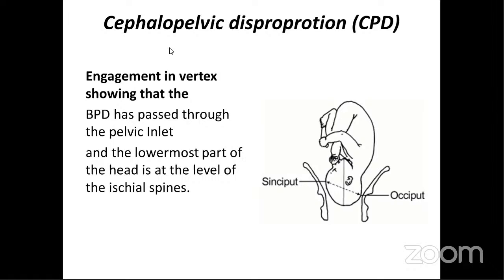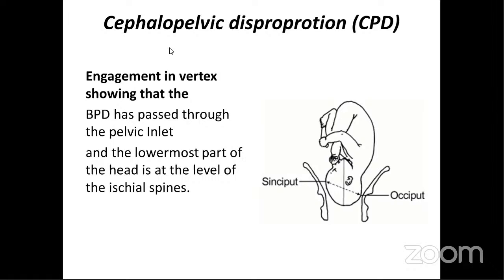But we do encounter them in developing countries, especially when there are severe nutritional deficiencies like vitamin D deficiency, or other disorders like poliomyelitis or pelvic disorders, where there is a contracted pelvis that wouldn't allow even a normal sized head to deliver. So that is actually a true contracted pelvis.